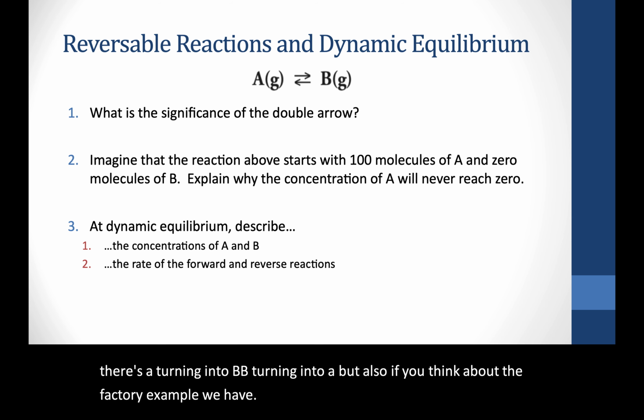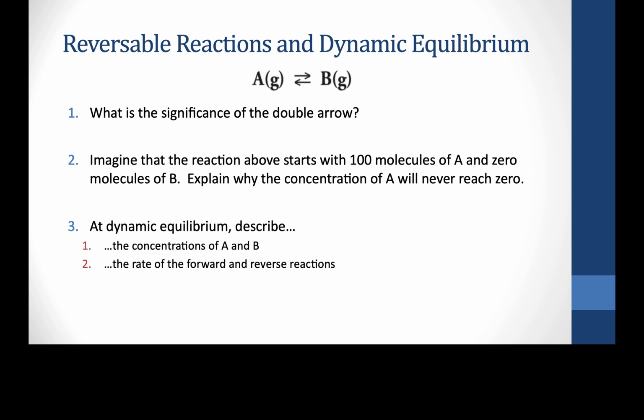Something like static equilibrium would be buildings. The forces that hold them up are equal and opposite: there's the downward push of the building on the ground and the upward push of the ground on the building. That's equal, but nothing's changing in that situation. There's no constant movement. That's called static equilibrium. That's the difference between static and dynamic.